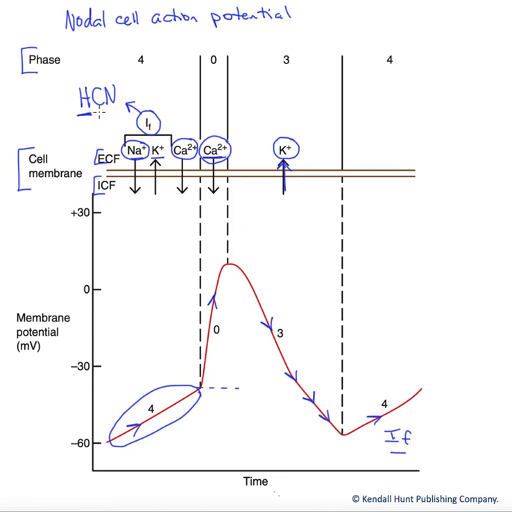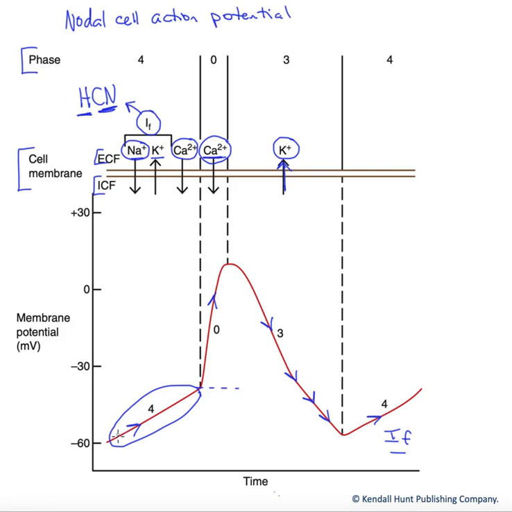But they're also cyclic nucleotide gated. Well, cyclic AMP is a cyclic nucleotide, and this is an intracellular signaling molecule that's utilized by things like the sympathetic and parasympathetic divisions of the autonomic nervous system. And so we can either adjust the funny current up or down based upon the prevalence, the amount of this cyclic nucleotide, cyclic AMP.